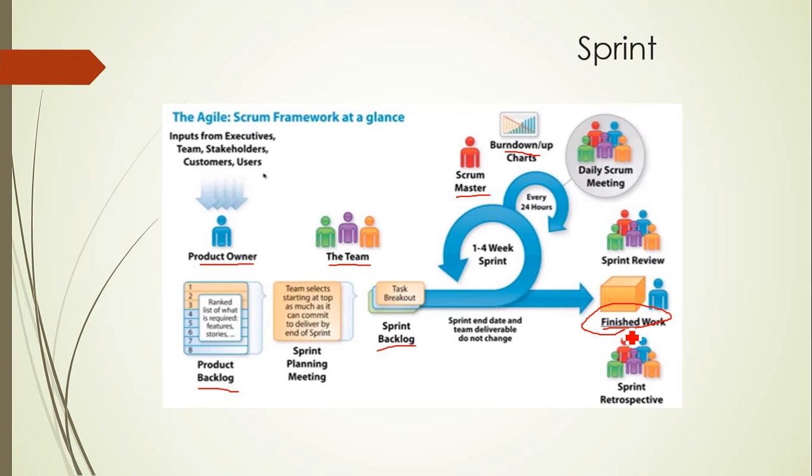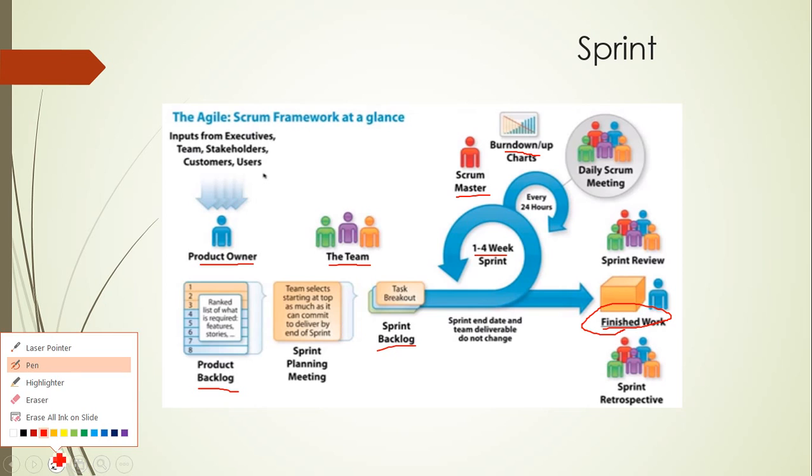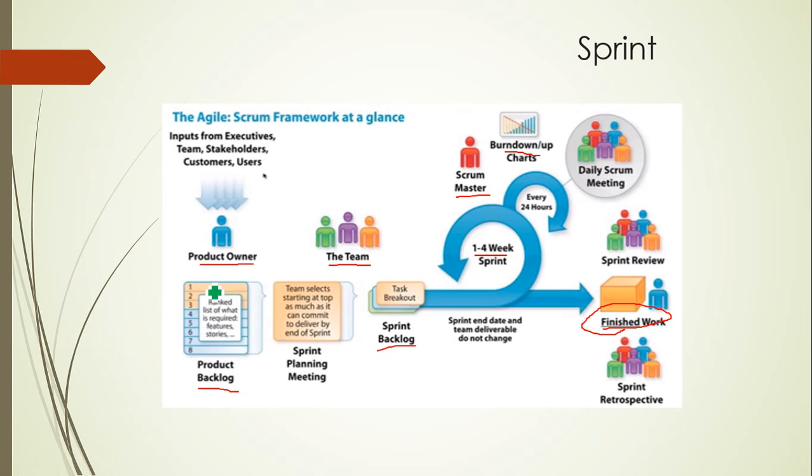So these are the main artifacts of the sprint, and during 1 to 4 weeks of the sprint, the team attends different meetings. Let me highlight that: sprint planning meeting, then daily scrum, then once the team reaches the end of the sprint, sprint review meeting and sprint retrospective meeting.